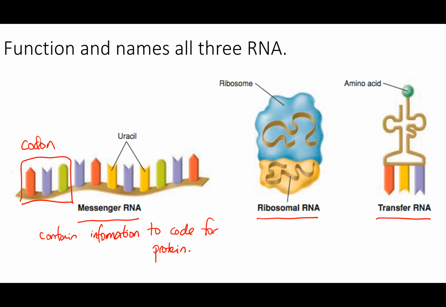We always read the mRNA bases 3 by 3. We read it as triplets. Each triplet is a codon. The codon pairs up to the anticodon, right? So the 3 bases on the tRNA is what we call the anticodon.